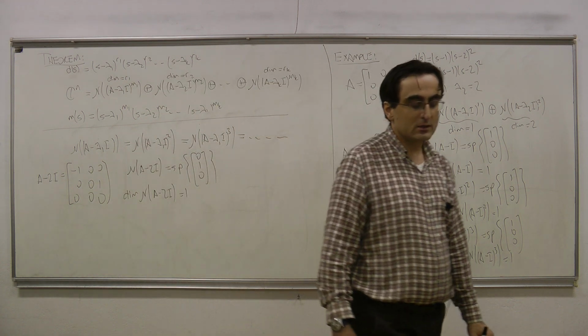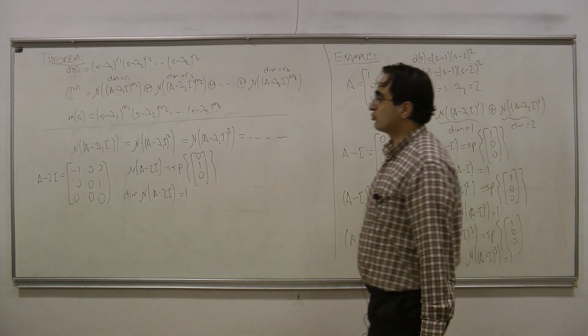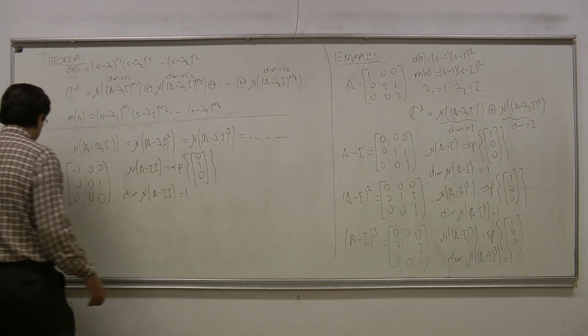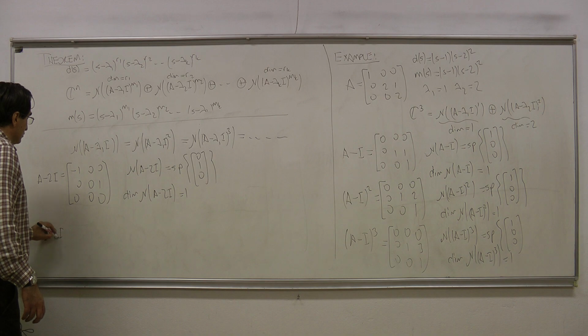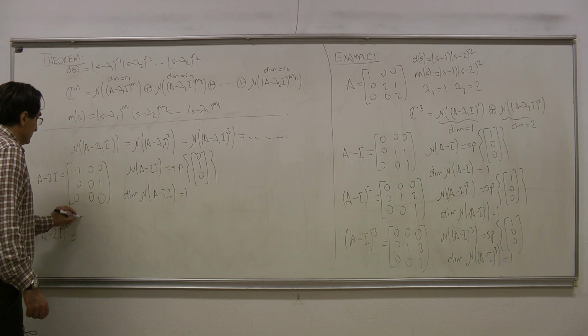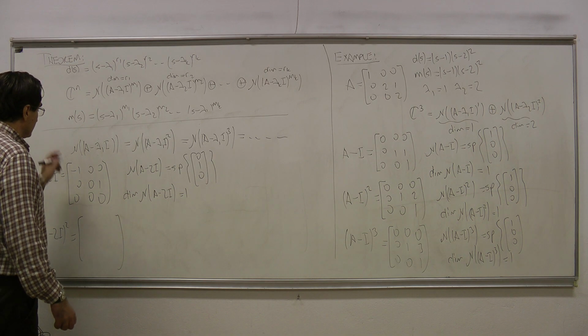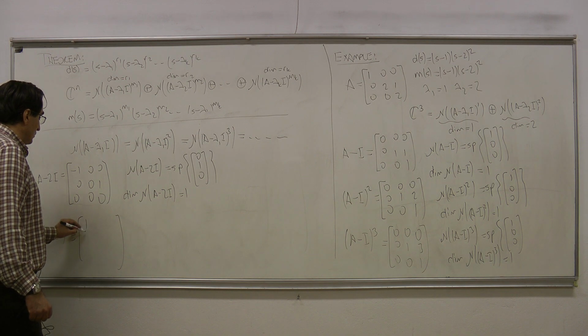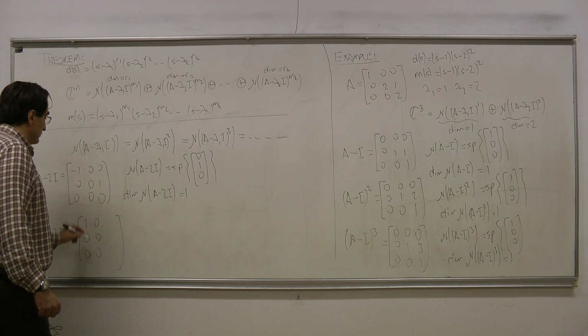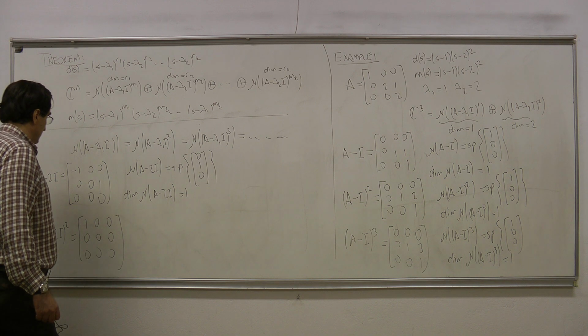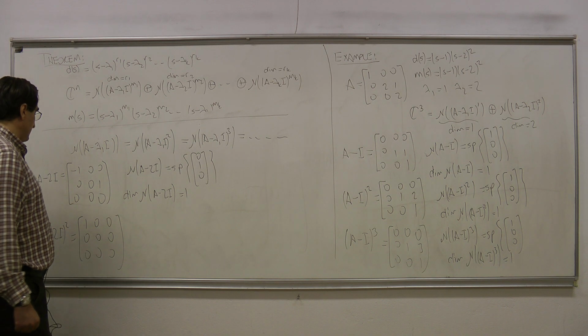Okay? Now I'm going to be taking the square of this matrix, and we'll be looking at the null space. A minus 2 identity square. Let me take the square of this matrix. So I have 1, 0, 0, 0, 0, 0, and 0, 0, 0. This is the square of that matrix.